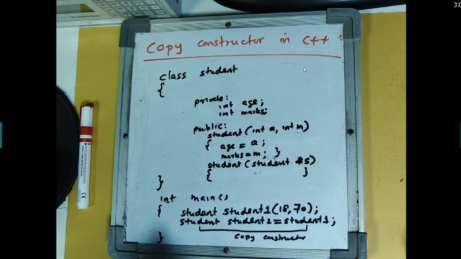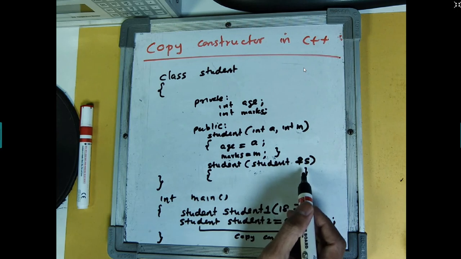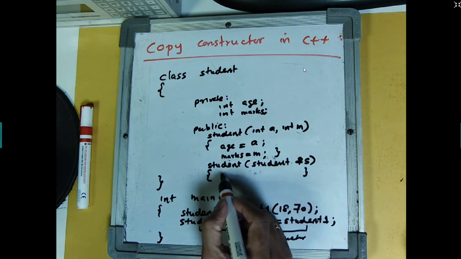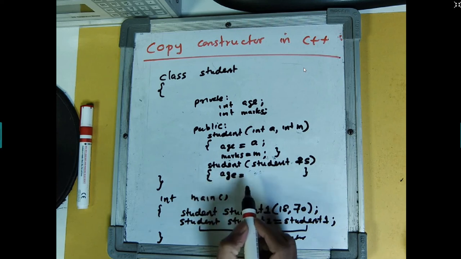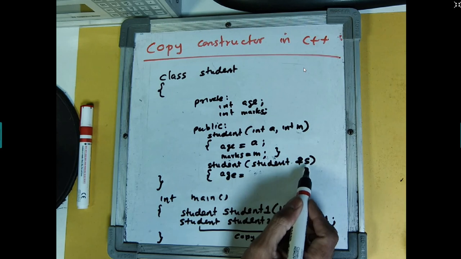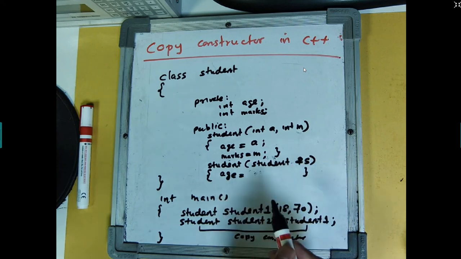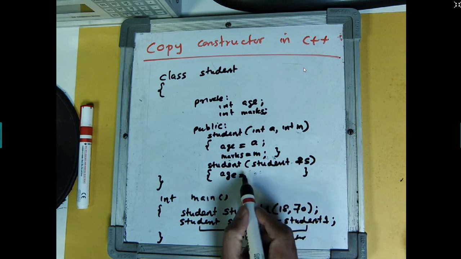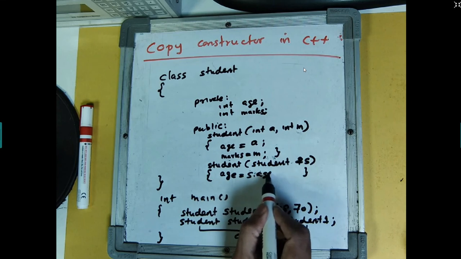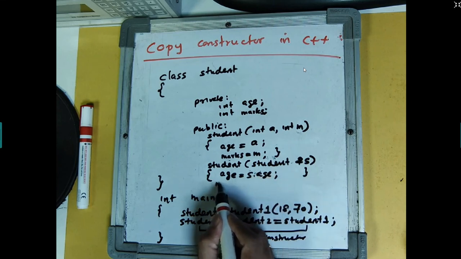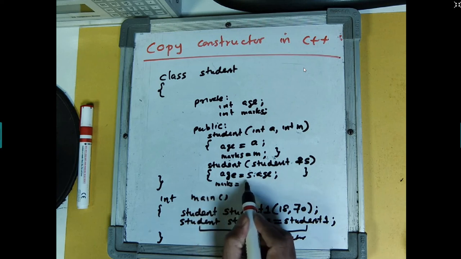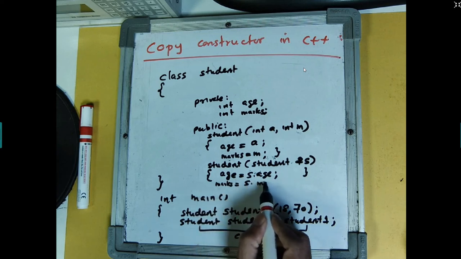Now what happens, you have to simply say inside this, age is equal to s dot age, and marks is equal to s dot marks, where you are passing the ampersand of s.